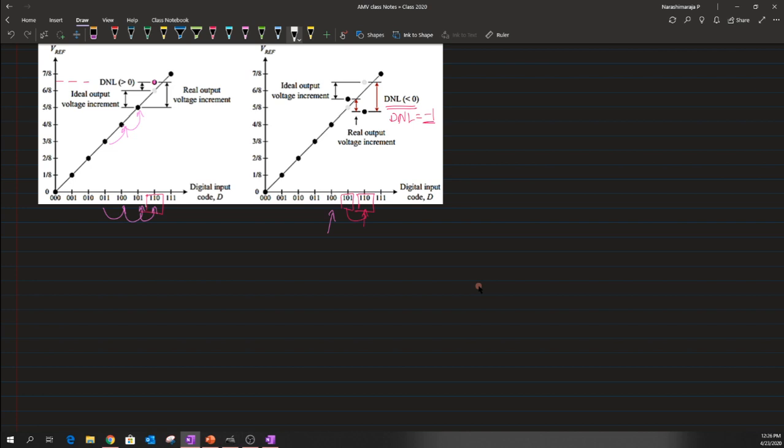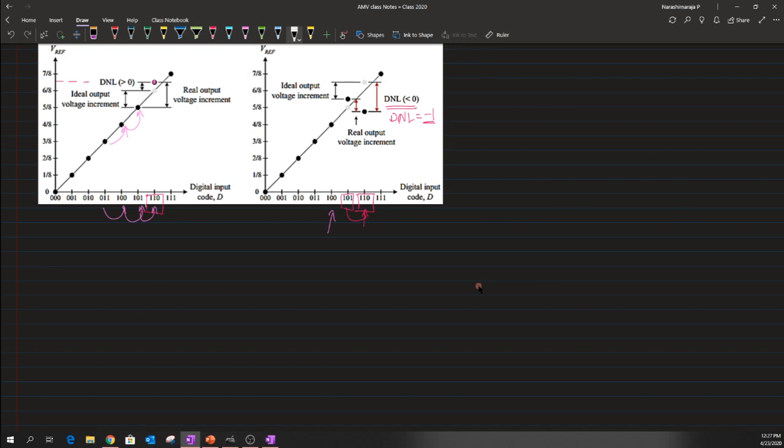So this is what we mean by monotonicity, and whenever the DAC has a DNL less than or equal to -1 LSB, the DAC is said to be non-monotonic. A DAC should never have this non-monotonicity. We have to ensure that the DAC always exhibits monotonicity if it has to function without any error.